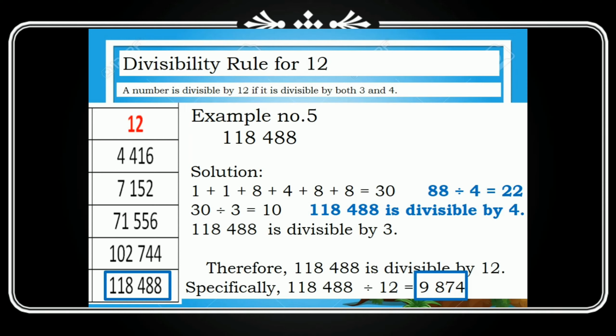For the last two digits, 88 divided by 4 is equal to 22. 118,488 is divisible by 4. Therefore, 118,488 is divisible by 12. 118,488 divided by 12 is equal to 9,874.